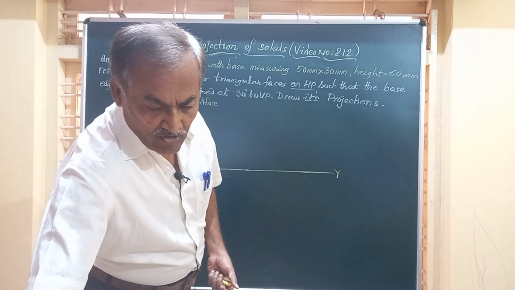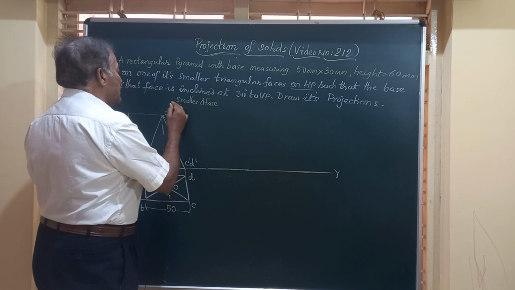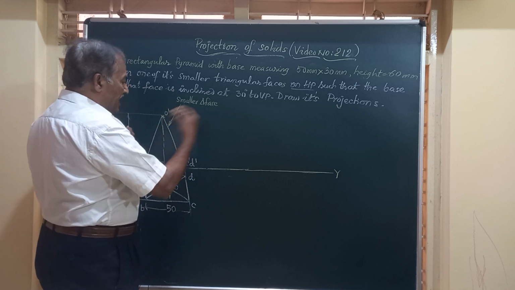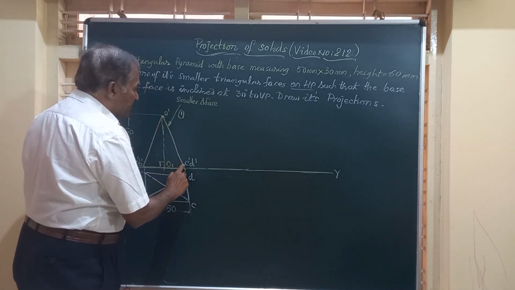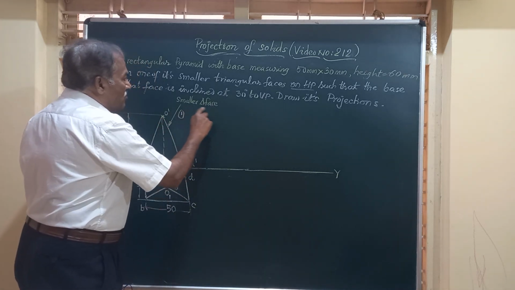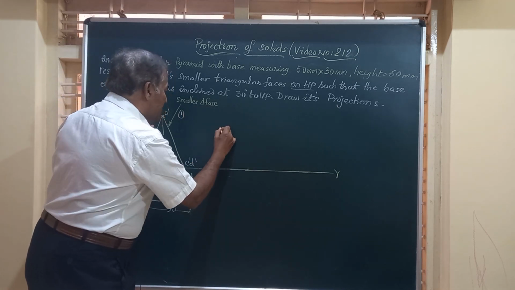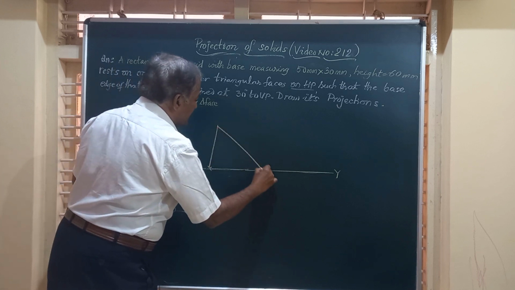So friends, in drawing, what we do is redraw this triangle. Say this is figure number 1, front view, and figure number 2, wherein this O dash C dash D dash, representing one of the smaller triangular faces, rests on HP. Friends, I am going to draw a triangle here.